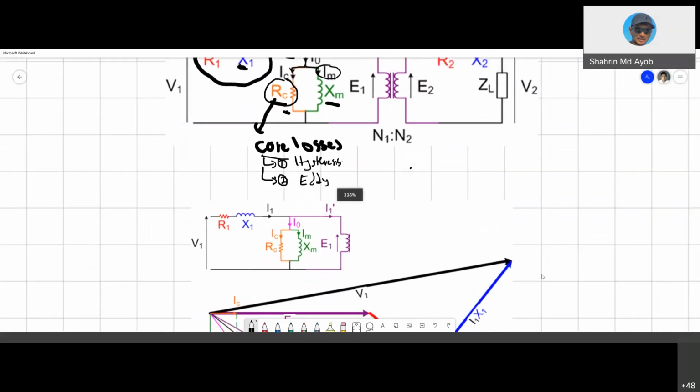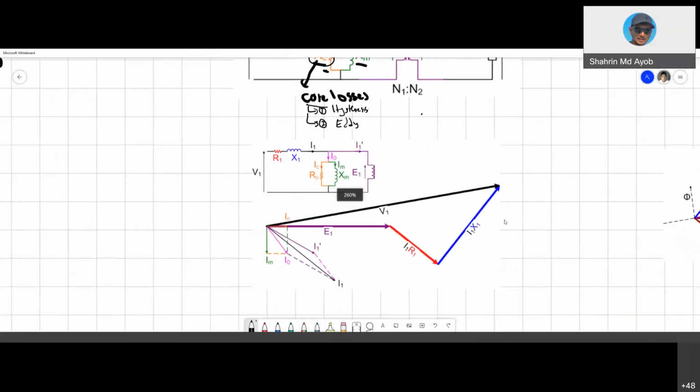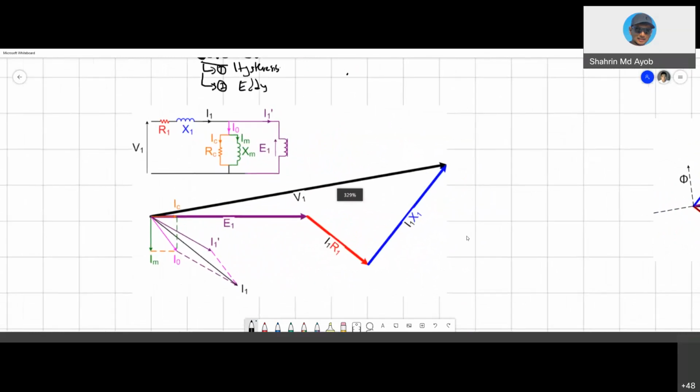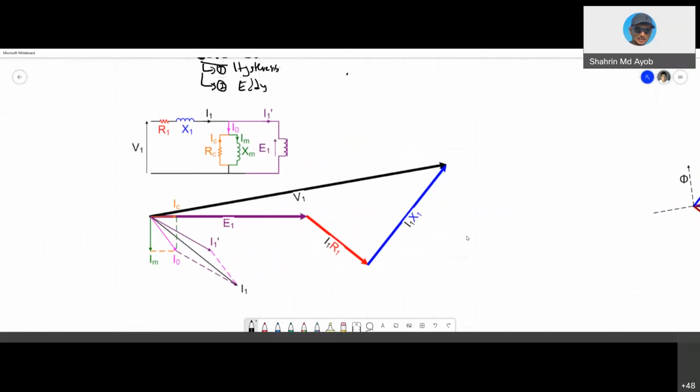I go fast on this one, as you can see in my YouTube video. This is the phasor diagram that represents the relationship between the voltage and the current.